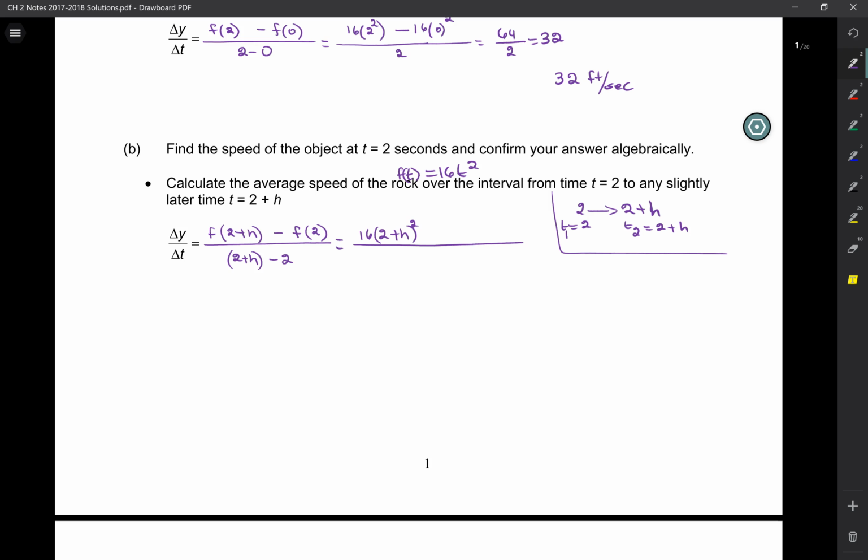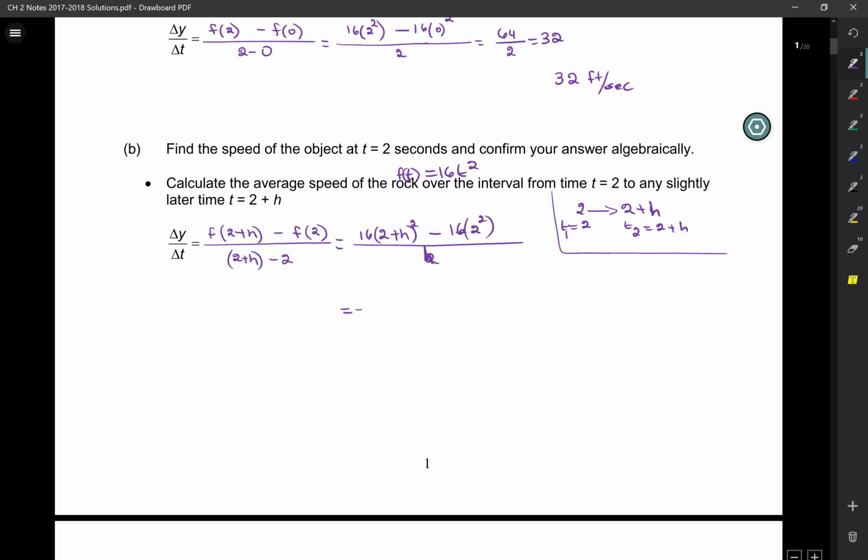So f of t is 16t squared. f of 2 plus h is 16 times 2 plus h squared, minus f of 2. How much is f of 2? 16 times 2 squared. Right? Over, I have 2 plus h minus 2, which is just h.